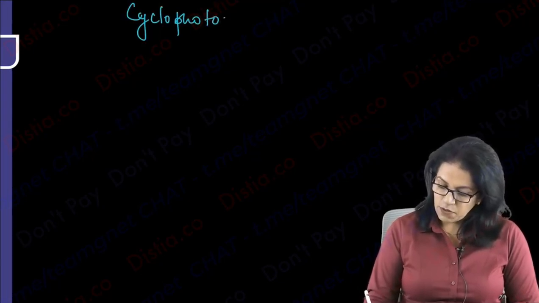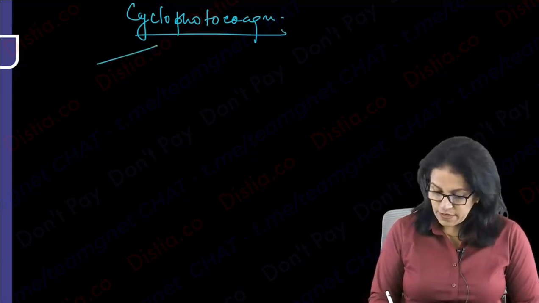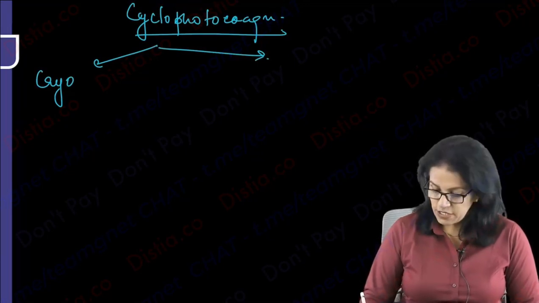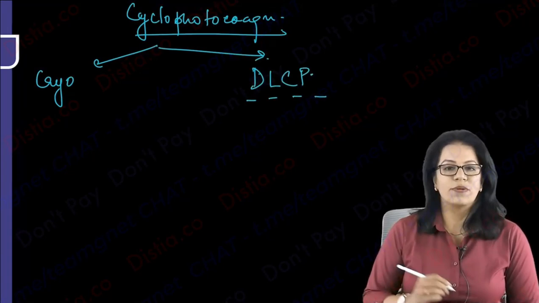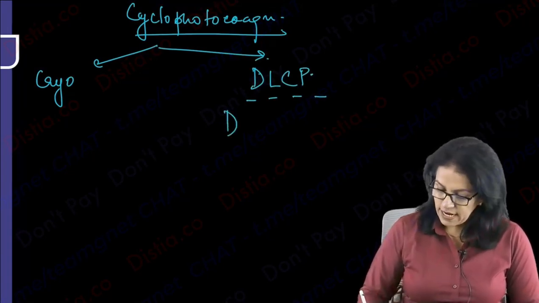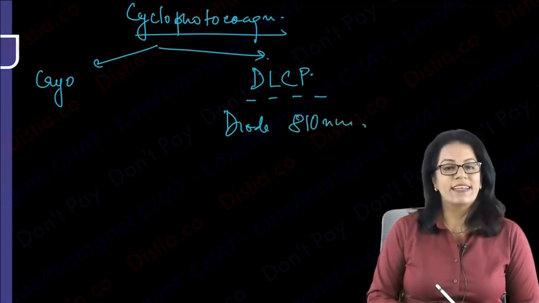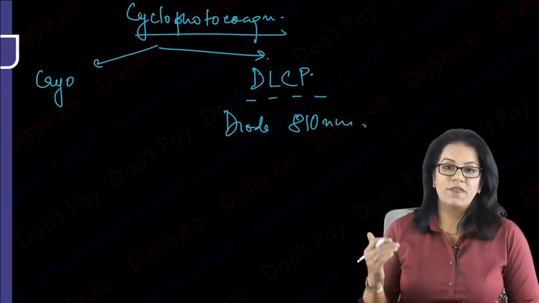So this cyclophotocoagulation, I am either doing it with the cryo, or I can go for laser. Which laser? It is generally DLCP, diode laser cyclophotocoagulation. So we are using diode 810 nm.